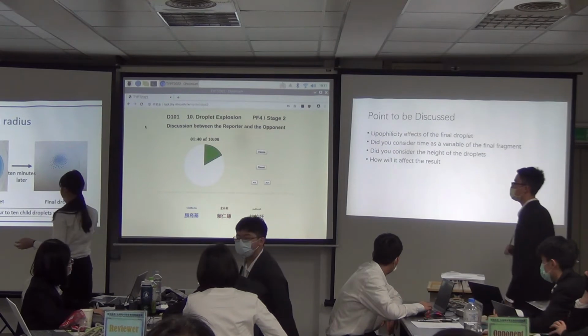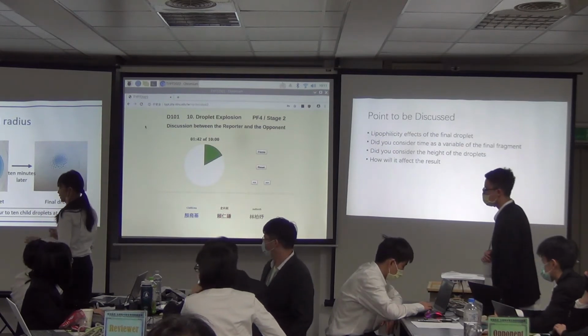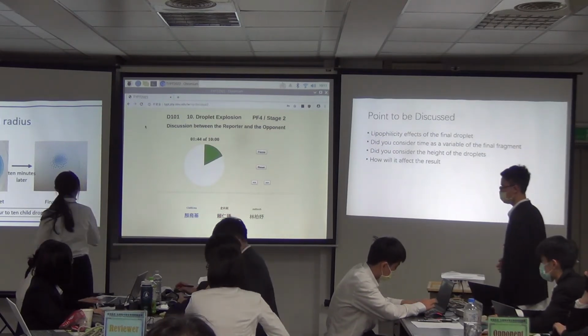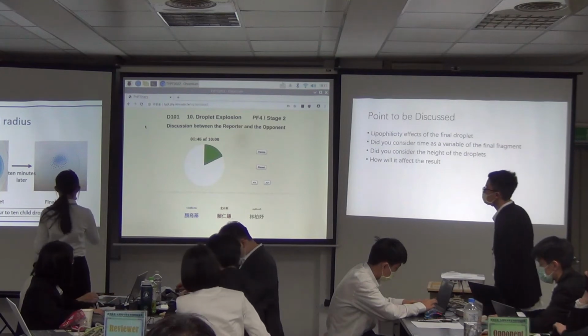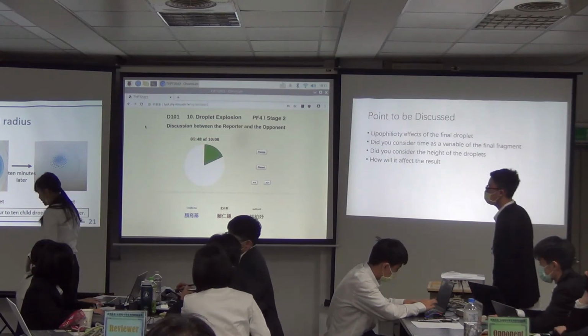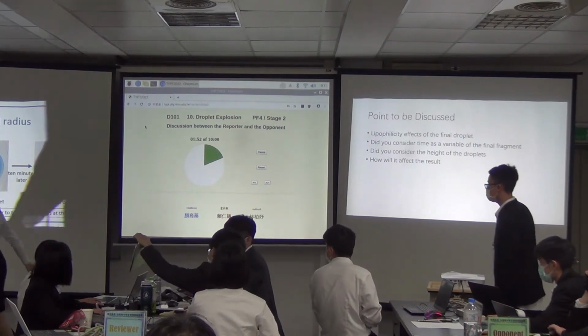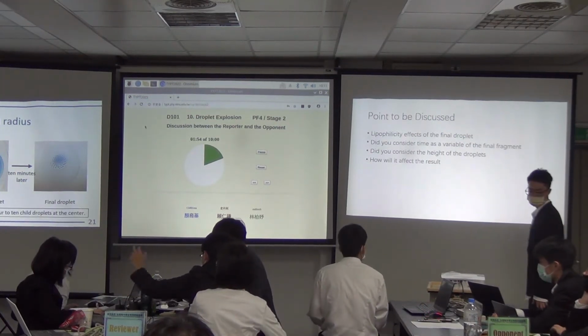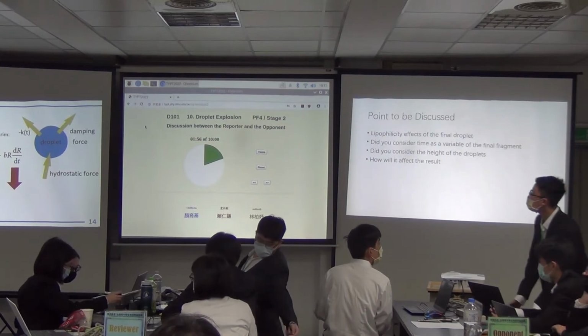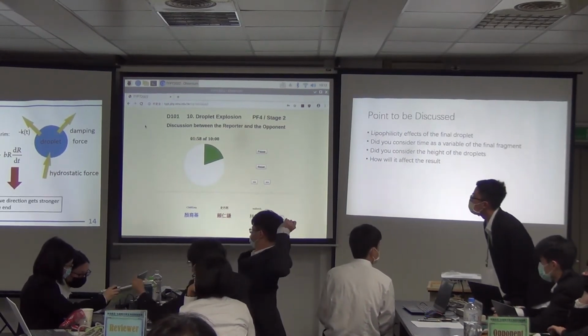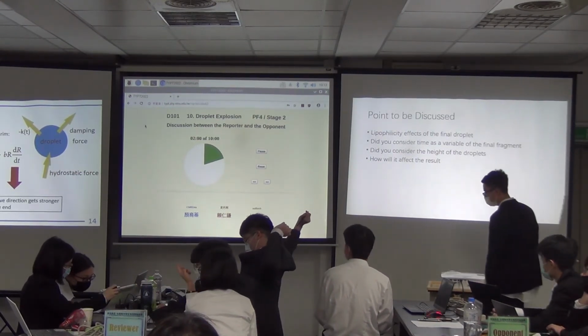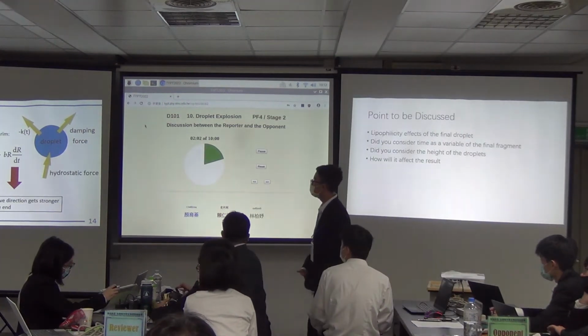So after spreading, I told you that with the decreasing radius, the droplet may stop moving in the end. So I showed that in this spatial theory, and we found out the droplet will finally stop expanding in the end.